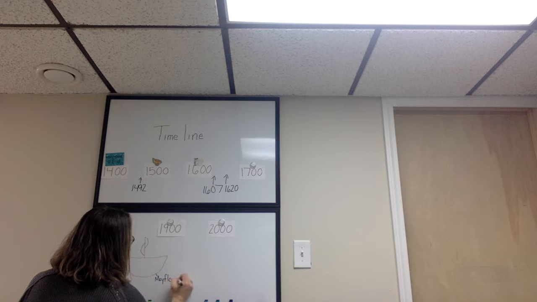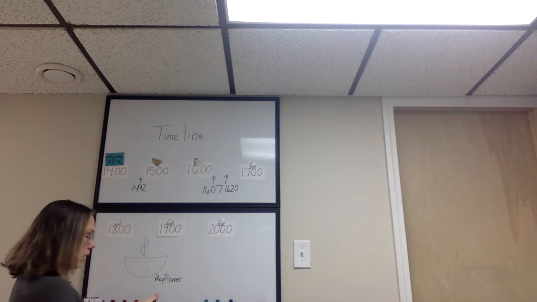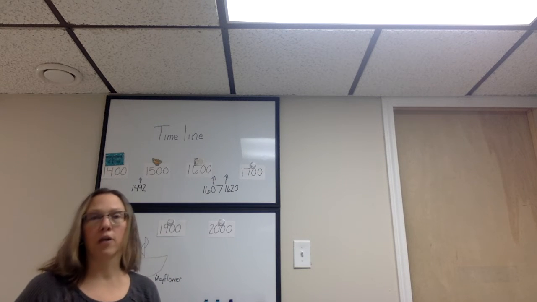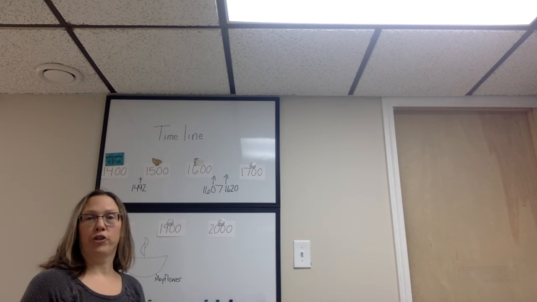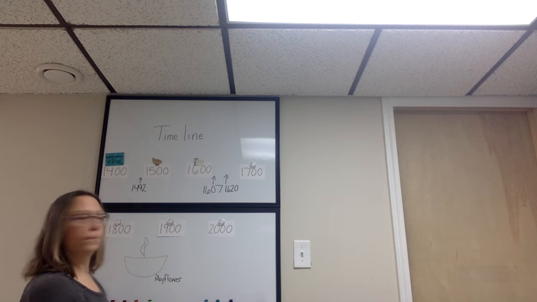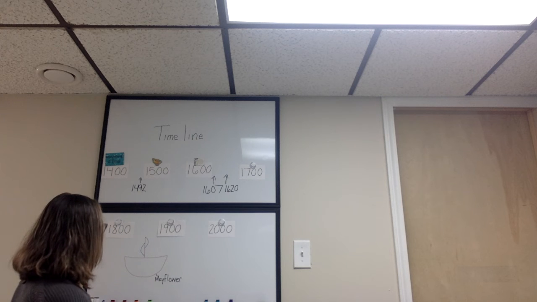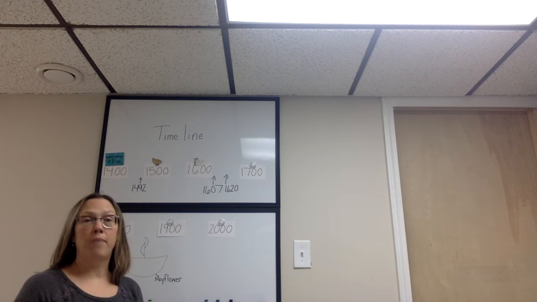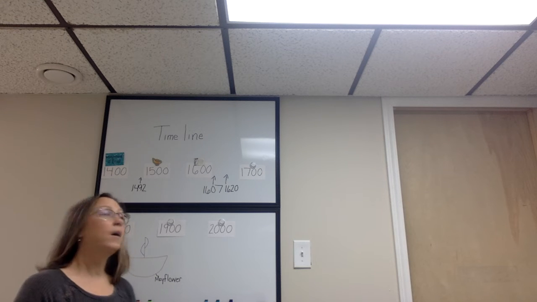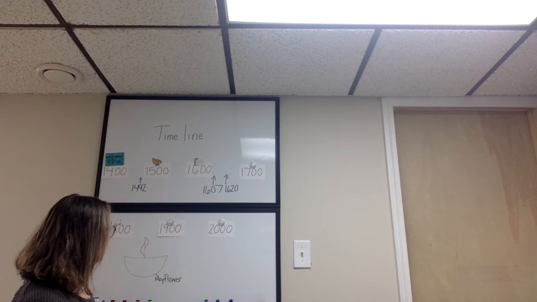It was the Mayflower. Was the Mayflower a passenger ship or a cargo ship? That is correct. It was a cargo ship. It was meant to carry goods, not people.